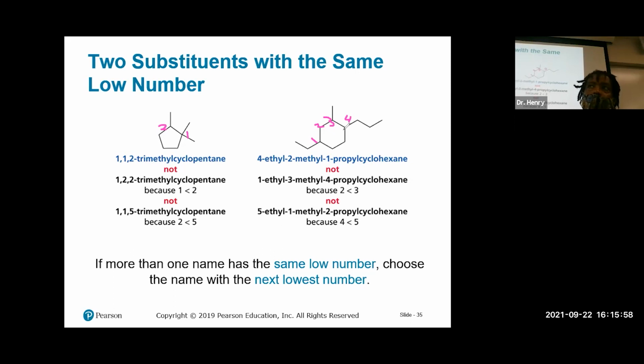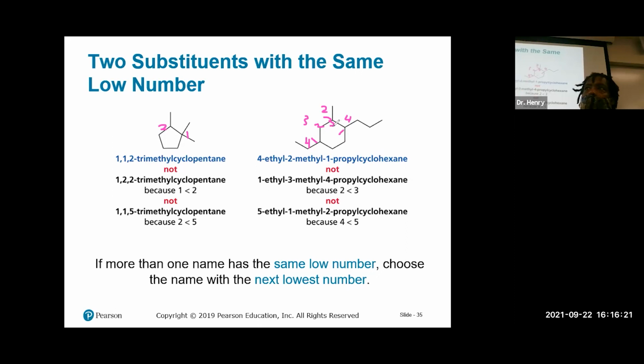If we went here, 1, 2, 3, 4. Okay. So then that would give me 1, 2, which is lower numbers. Okay. And then the last one would be 1, 2, 5, right?